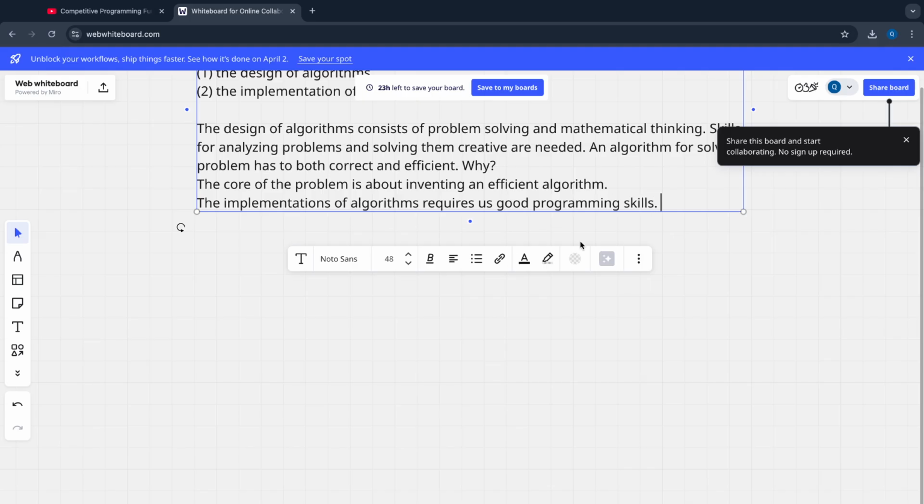How can we achieve these skills? The only answer is to practice every day and practice with as many problems as you can to be a pro coder.